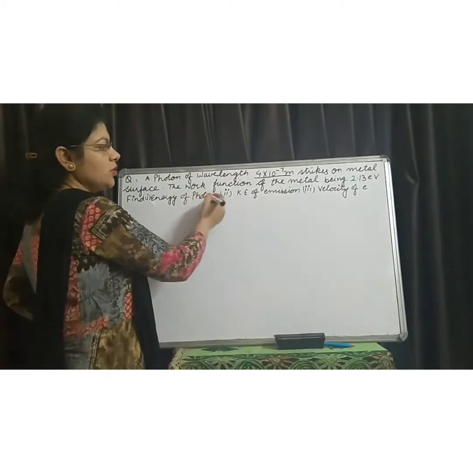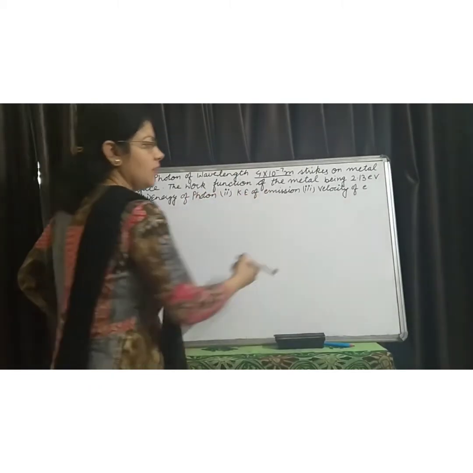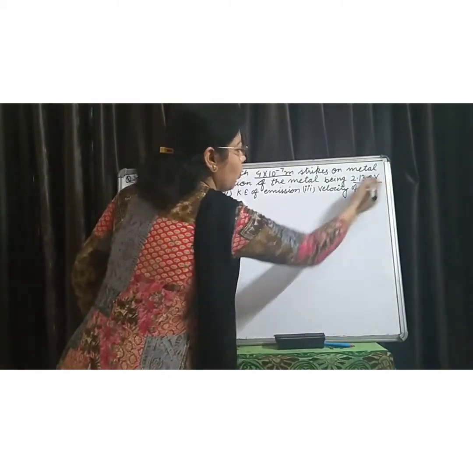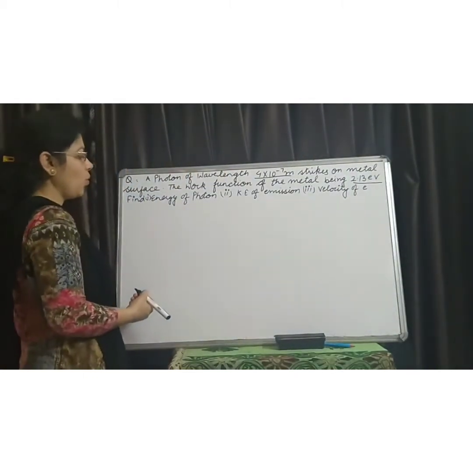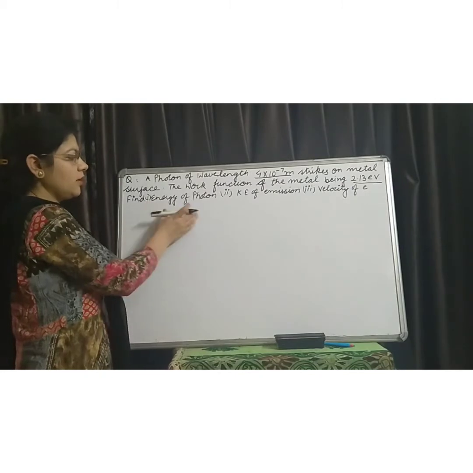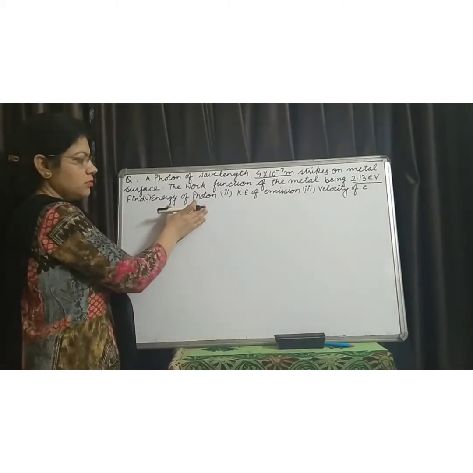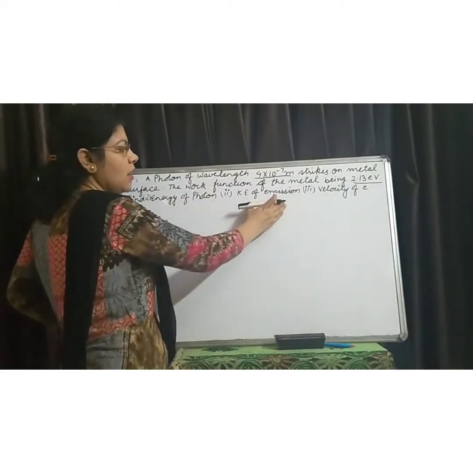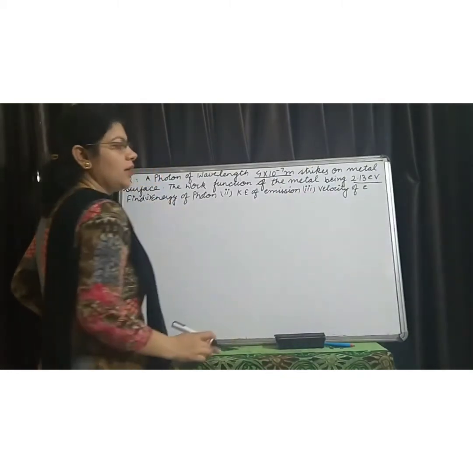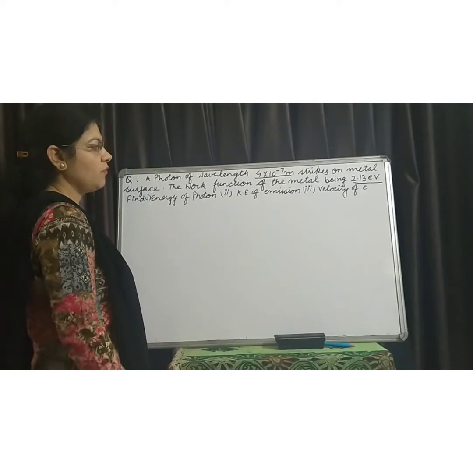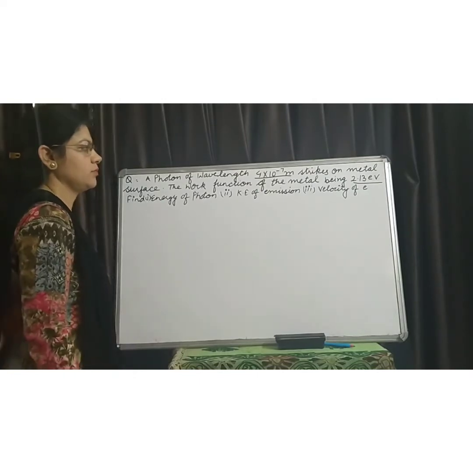The work function of the metal is 2.13 electron volt, and you have to find the energy of the photon. Second, you have to find the kinetic energy of the emission, and third, the velocity of the photoelectron.